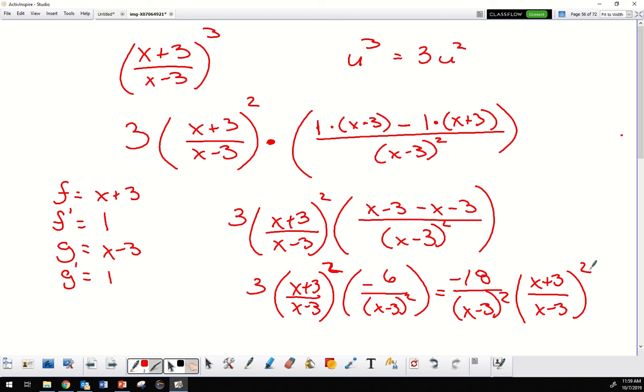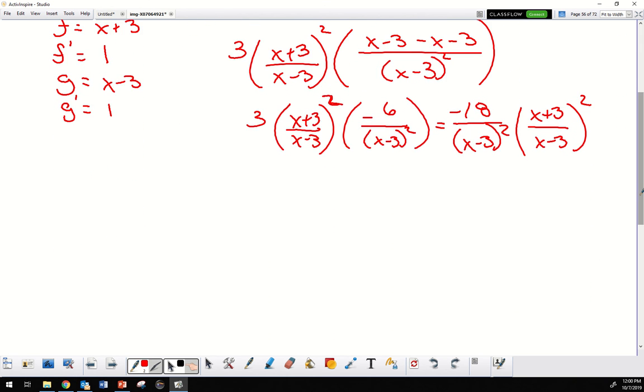Took it a step further, and squared the top and squared the bottom? Yeah, and then they add. So you went like this, negative 18 over x minus 3 squared times x plus 3 squared over x minus 3 squared.